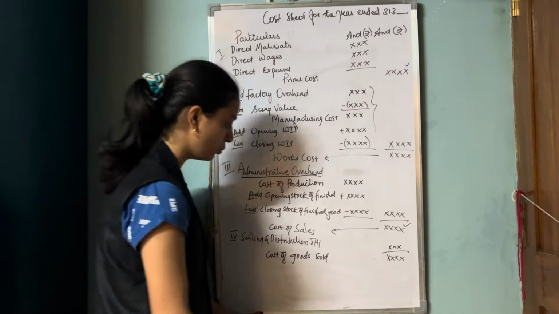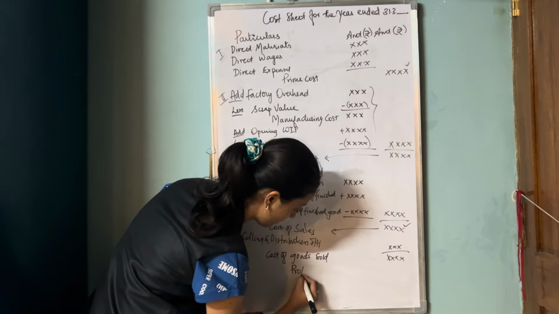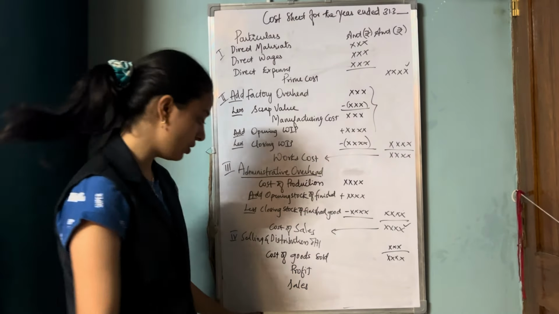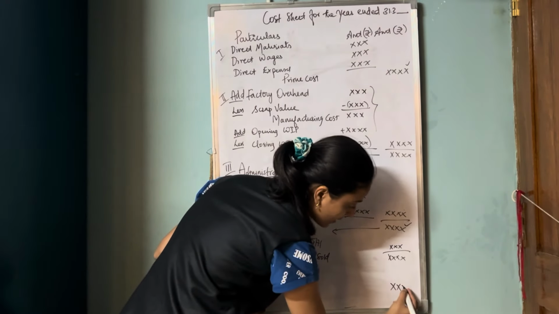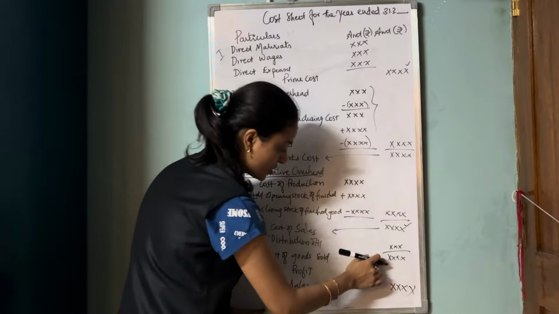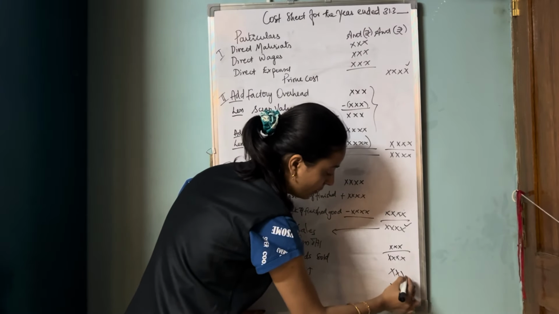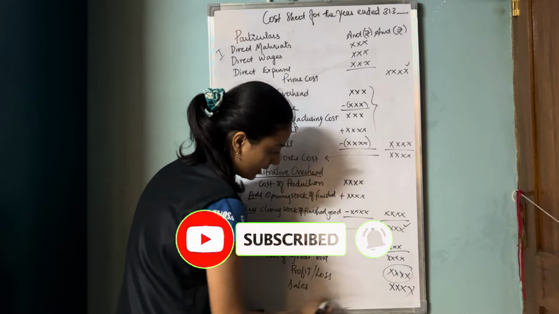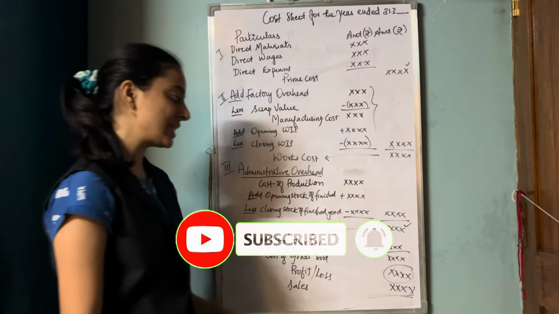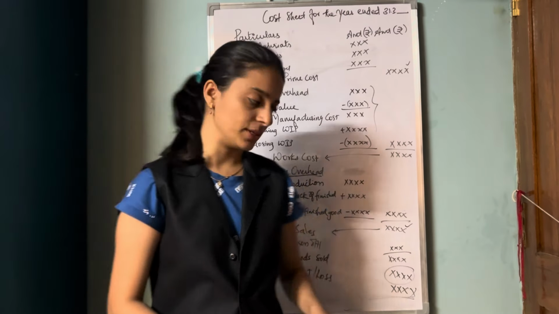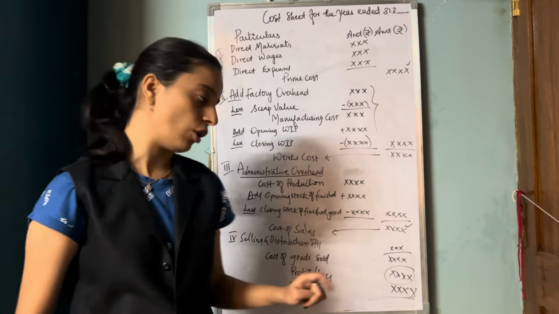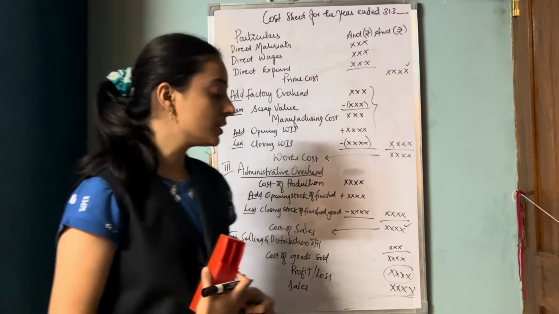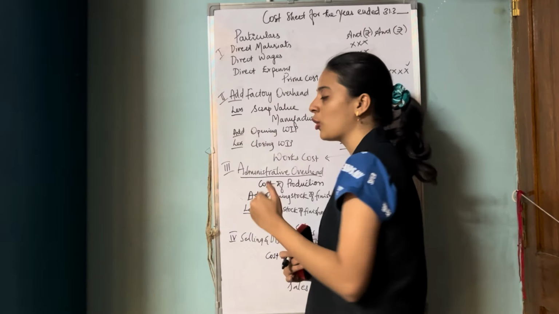To cost of goods sold, we can find profit or loss. When sales is given directly, cost minus sales, we will get to know whether we are incurring profit or whether we are incurring loss. So sales value will be given in the question. You have to deduct it from the cost and we will get to know whether we are incurring profit or loss. So this is the format of our cost sheet.